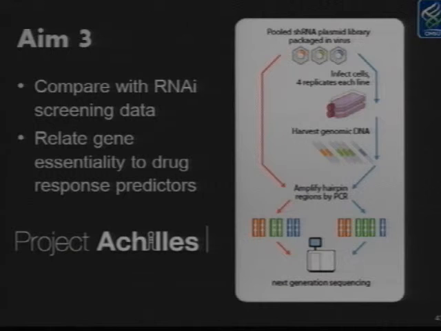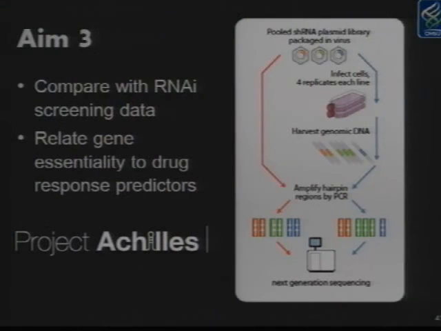The green one would target a different gene, stop its function, and so on. And then they grow the cells, and they count basically how many cells are left after growing for a certain amount of time. So if the orange gene is important, when we knock it down, we're going to have less cells grown over time. That's why it's called Project Achilles. They're really trying to determine which genes are important for that cell to grow.